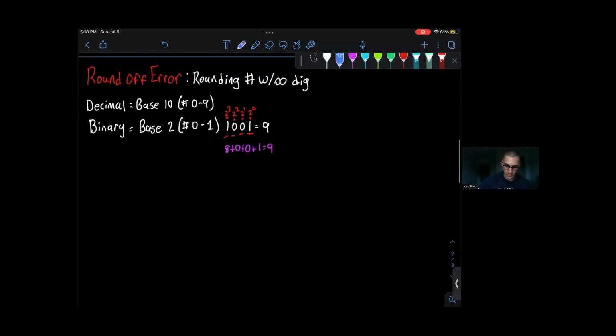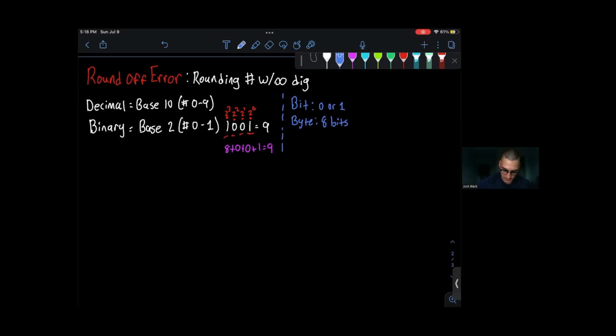Now, we're going to get over to a little bit of definitions using decimals and computers. A bit is the smallest part of a computer number. It's the most basic unit of information. This is a 0 or a 1. There's also a byte, which is a group of 8 bits.